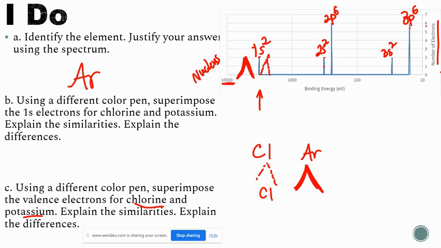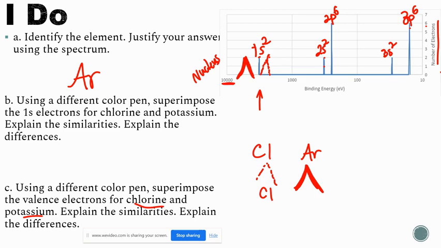So it's going to be easier to pull off whose, argon's or chlorine's? What's the difference between them? It's not distance, it's number of protons. So is it easier to pull off argon's or chlorine's? Chlorine's, because it has a lower effective nuclear charge.